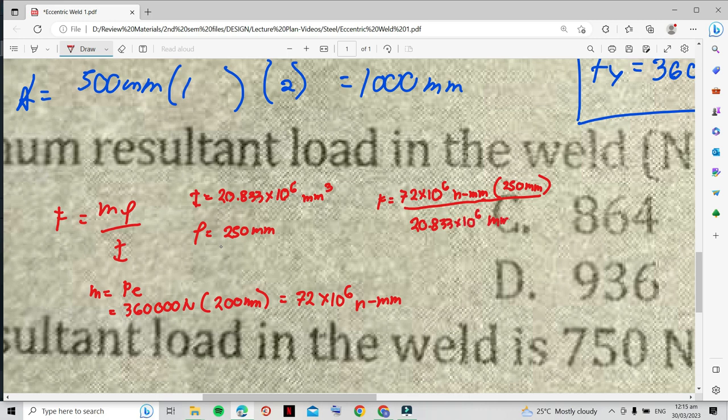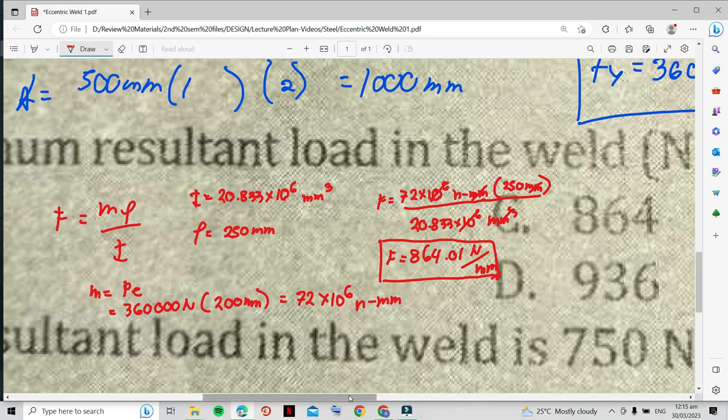The unit is mm cubed, so they cancel. We have stress equal to 864.01 Newton per mm. Okay, this is the answer.